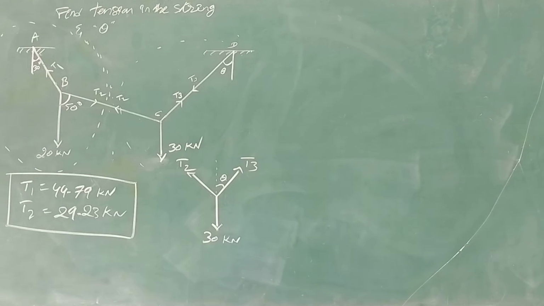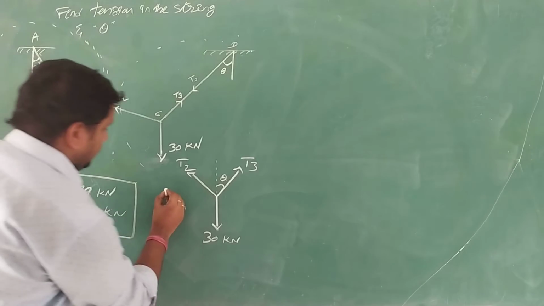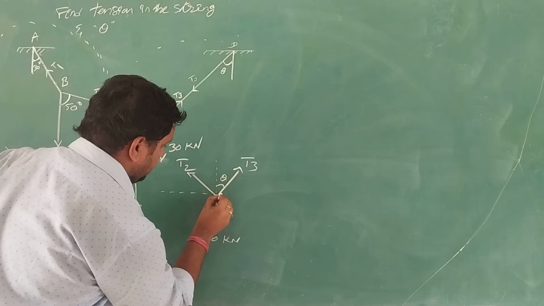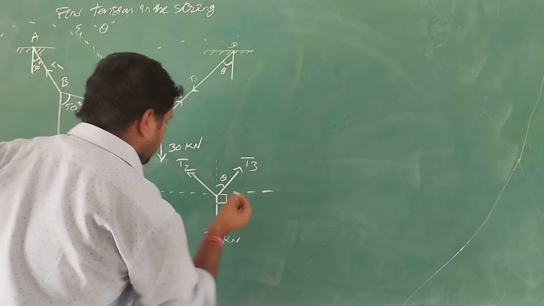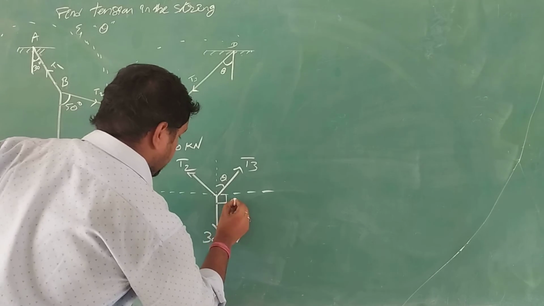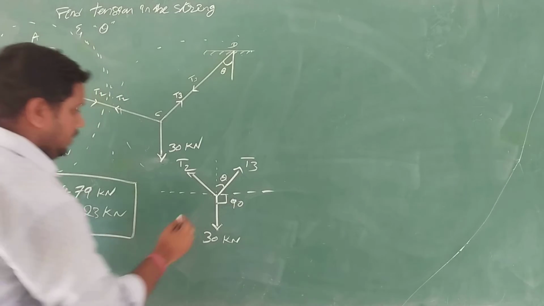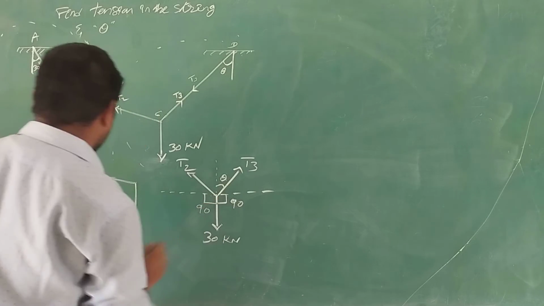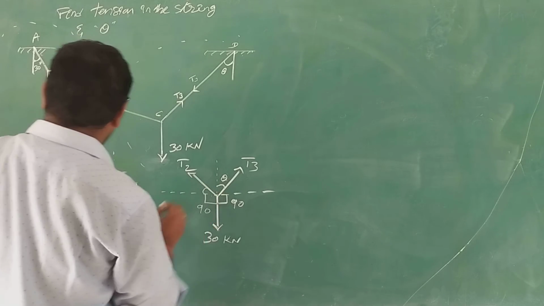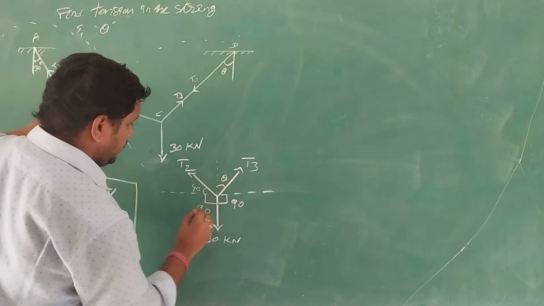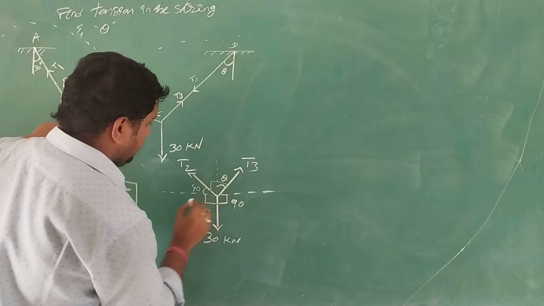Any doubt? And just again extend it. See, this is 90. Obviously, this will be 90. What will this one be? Check it out once. This one would be, if this is 50, this will be 40.